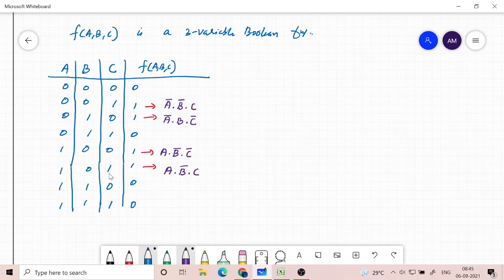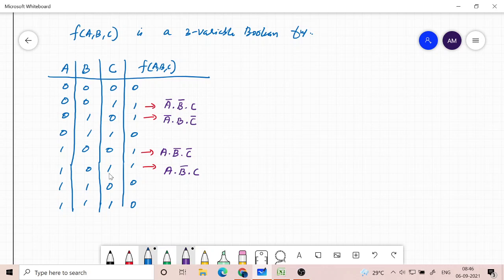Now the next thing is that in order to write the complete expression, the function can be 1 in 4 different ways, right? Because there are 4 ones in the final column. So there are 4 combinations which can give rise to 1. When I write the Boolean expression, I need to tell either it could be this way or this way or this way or this way, it can become 1. So how do I say that?